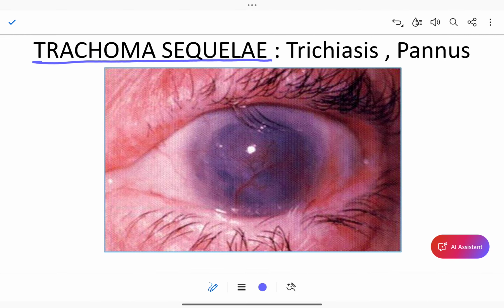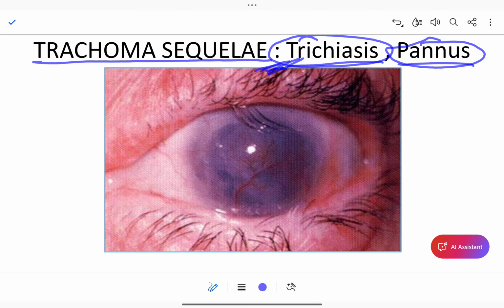What is trichiasis? This word is very important, trichiasis and pannus. Trichiasis is a condition where eyelashes grow inward towards the eye, rubbing against the cornea or conjunctiva, which causes irritation, redness, tearing, light sensitivity, and potential corneal damage.